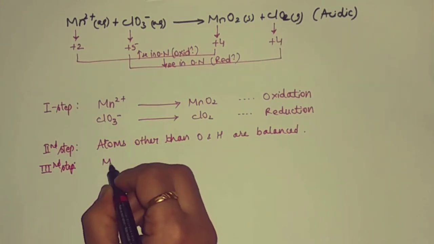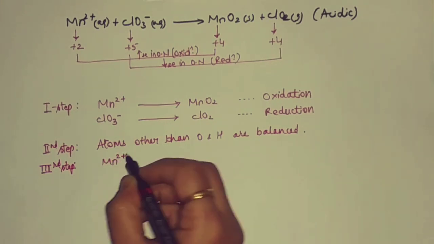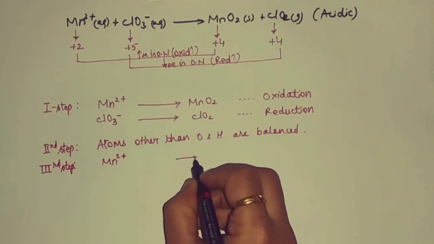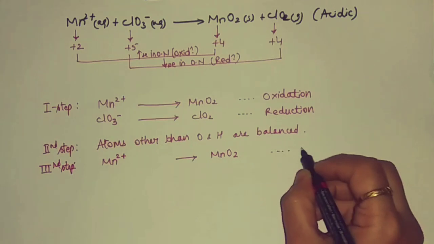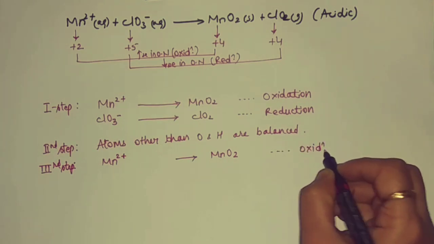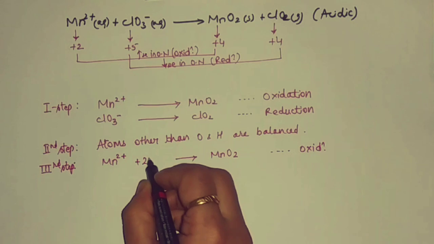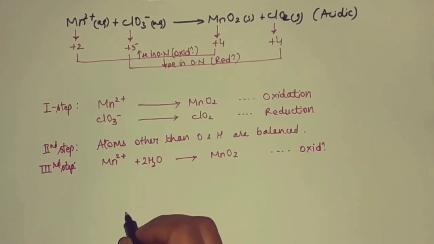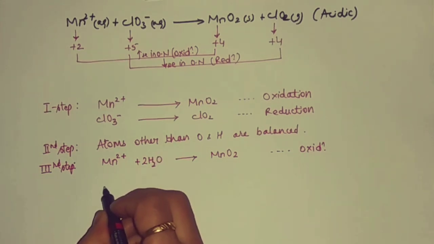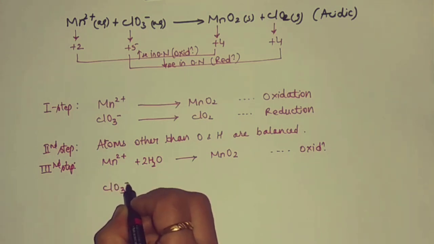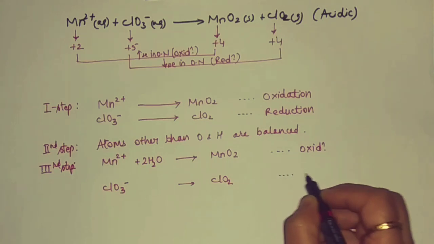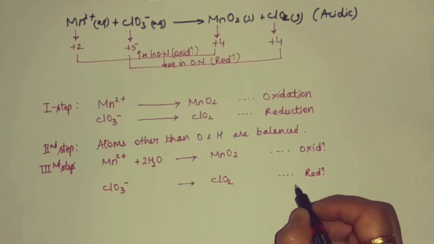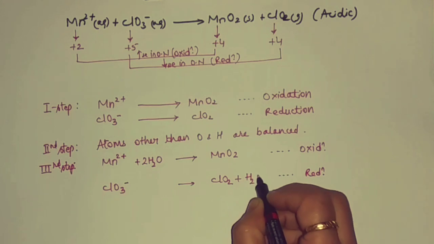Mn2+ will give you MnO2, which is oxidation. There are two atoms of oxygen on the right hand side, so we add 2 moles of water on the opposite side, 2H2O. In case of ClO3-, there are 3 atoms of oxygen on the LHS and 2 atoms of oxygen on the right hand side, which is reduction. So we add 1 mole of water on the right hand side to balance the oxygen atoms.